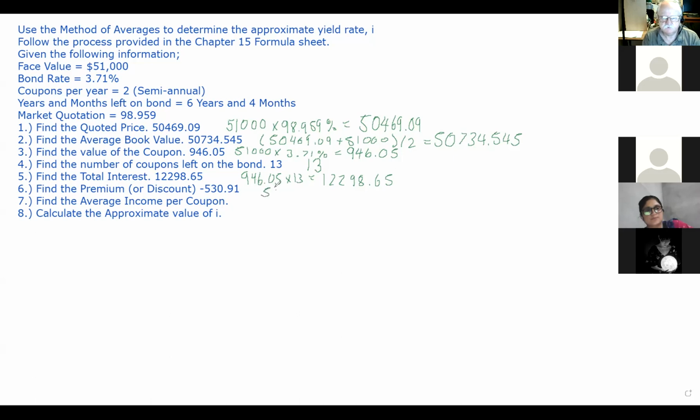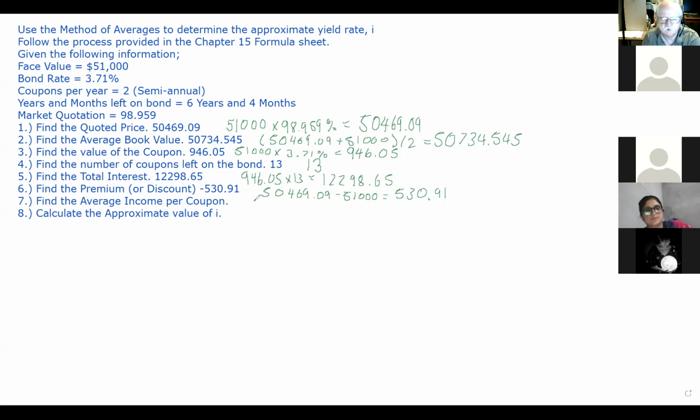So 5100, oh no, that's not the quoted price. 50469.09 minus the face value. $51000. And that indeed gives us 530.91.